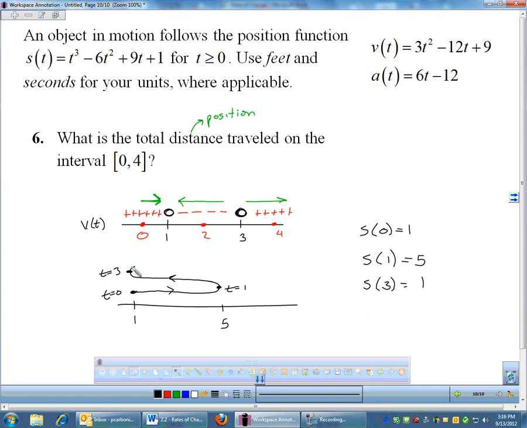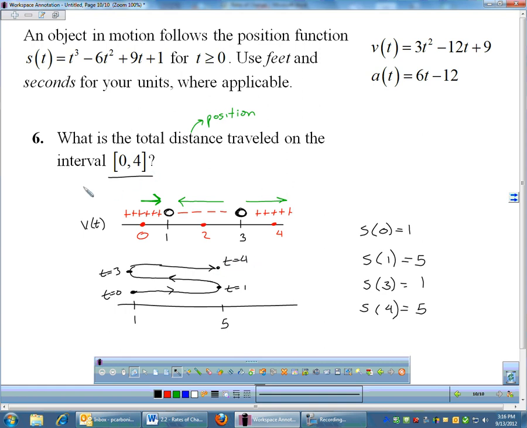And then I travel to the right until I get to 4 seconds, because I'm asking on the interval 0 to 4. So at 4 seconds, my position is 5 again. That's kind of interesting. So I travel to the right, and then I'm stopping right here at t equals 4.